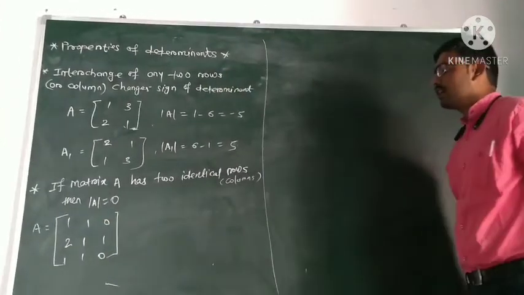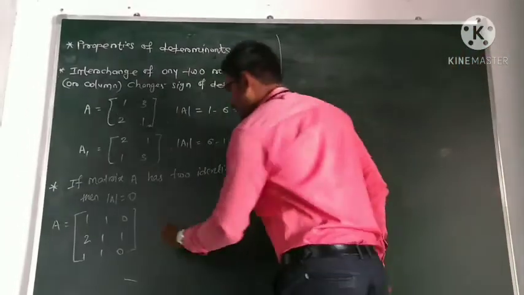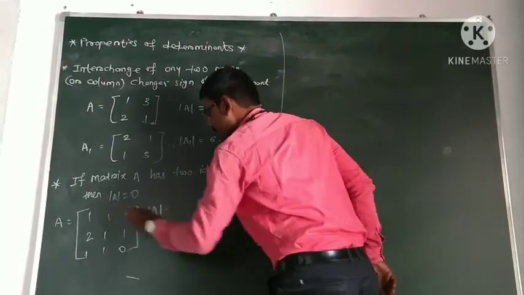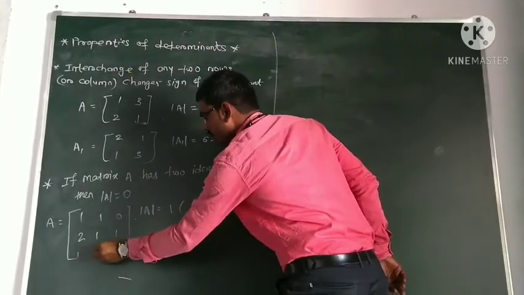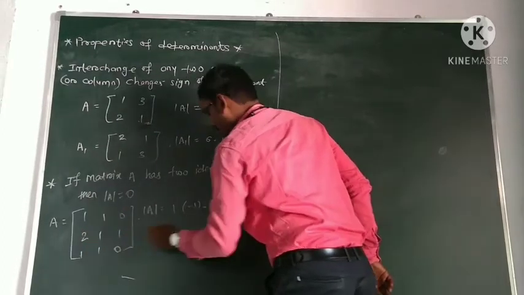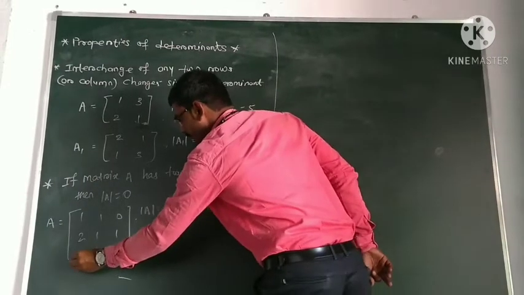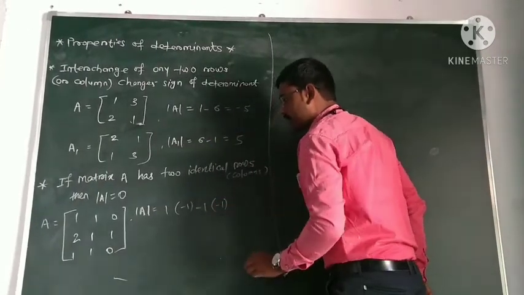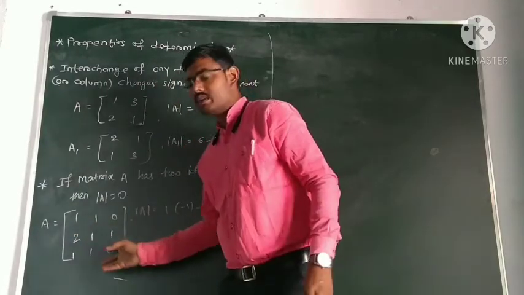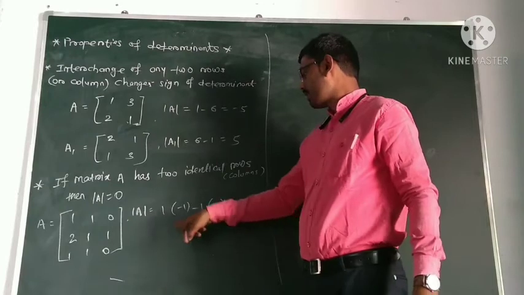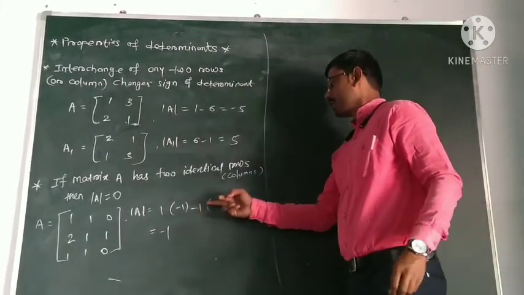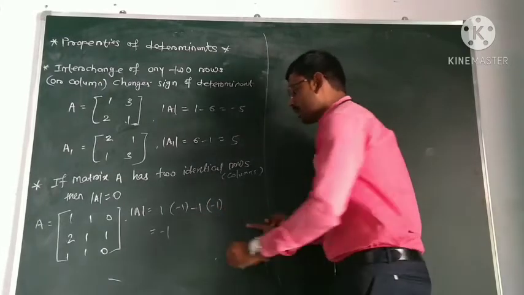Now calculate the determinant of this matrix A. It is 1 into (1 into 0 minus 1 into 1), so minus 1, then minus 1 into (2 into 0 minus 1 into 1), so minus 1 again, plus 0 into anything, which is 0. Now 1 into minus 1 is minus 1, and minus 1 into minus 1 is plus 1.